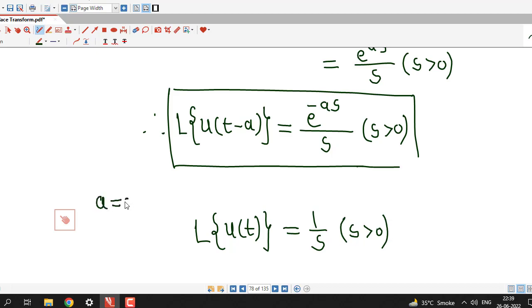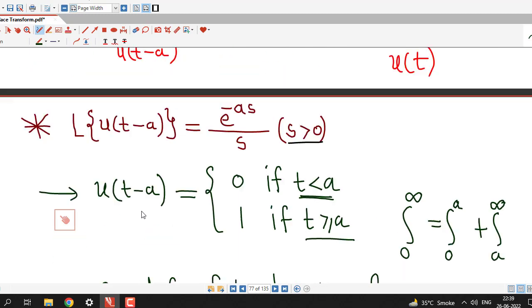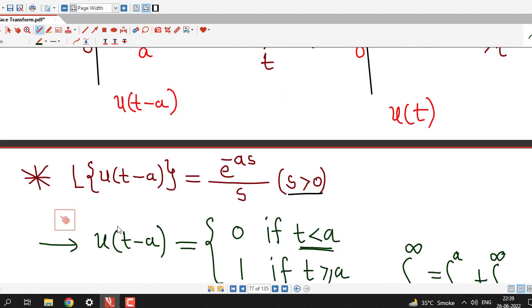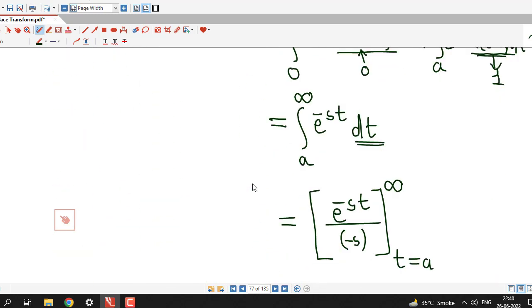So this is particularly when a equal to 0. So in this session we have defined the unit step function, and we have obtained the formula for the Laplace transform of the unit step function u(t minus a), and the formula is e raised to minus as divided by s, provided s is positive.